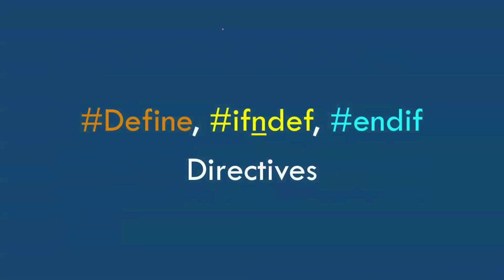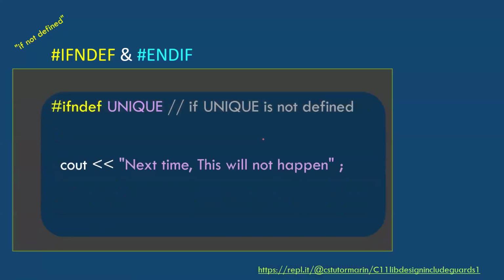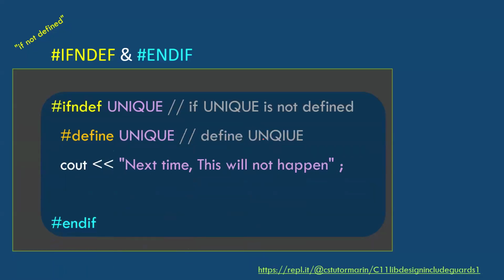So now let's talk about if not defined. And this is where we're getting down to our include guards, okay? So if something is not defined, right? If there's a variable, we just sort of pulled it out of thin air and said, hey, if you've never seen the variable unique before, then go ahead and define it, right?